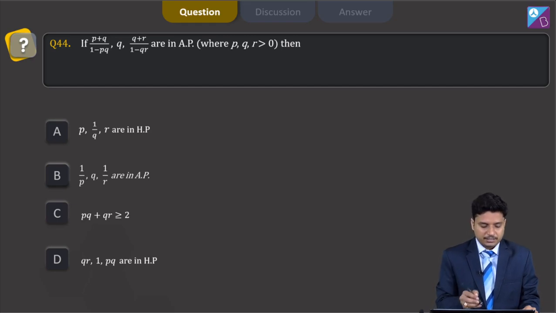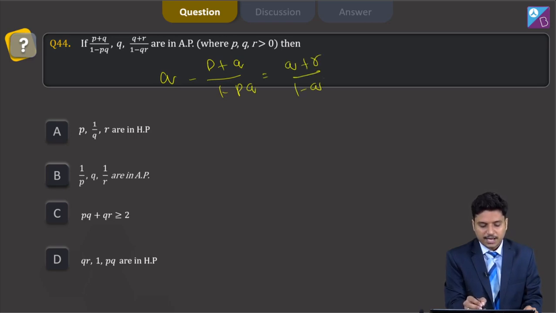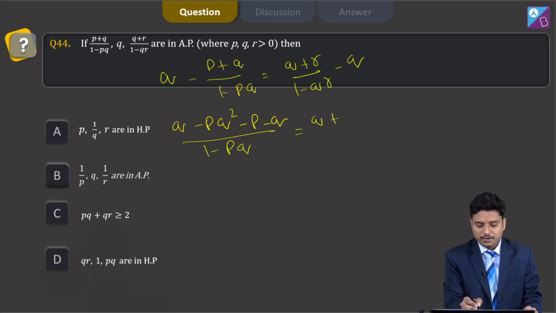So Q − (P + Q)/(1 − PQ) will be equal to (Q + R)/(1 − QR) − Q. After taking LCM, (Q − PQ² − P − Q)/(1 − PQ) will be equal to (Q + R − Q + Q²R)/(1 − QR).